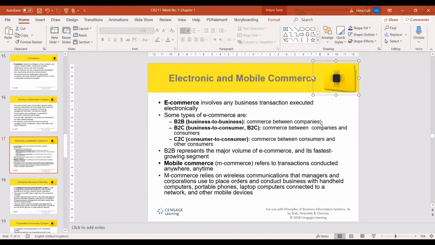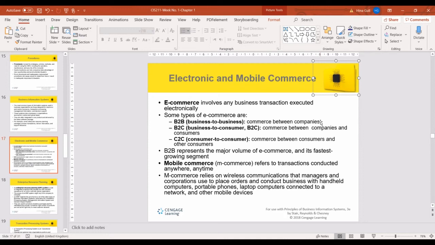So now, the second one is B2C, business to consumer. Commerce between companies and consumers. Now, can you give an example? Like Panda. And you can shop online? This is online, guys.